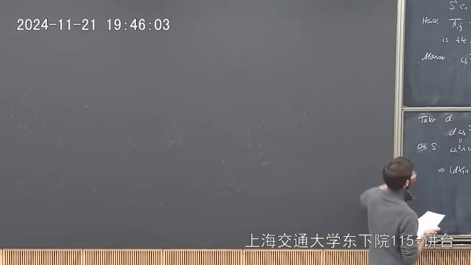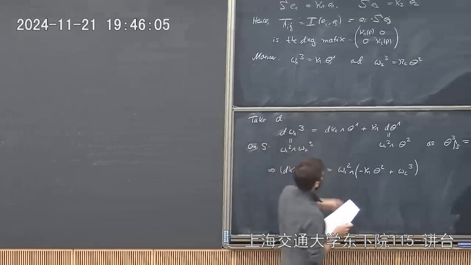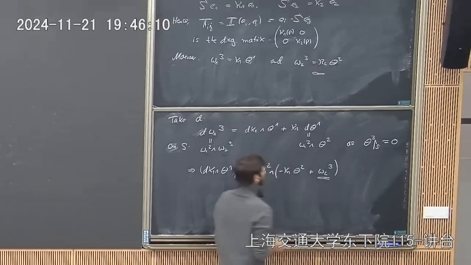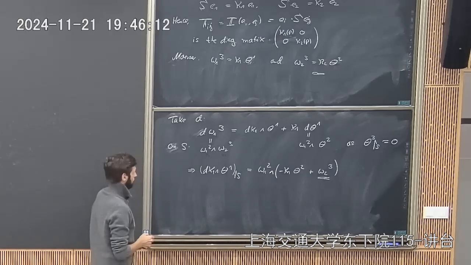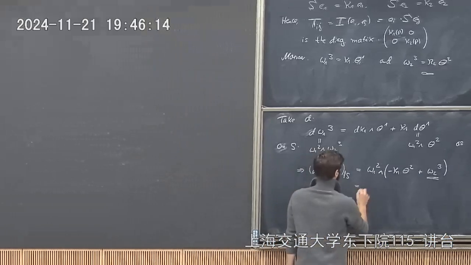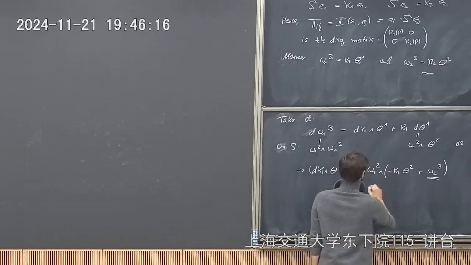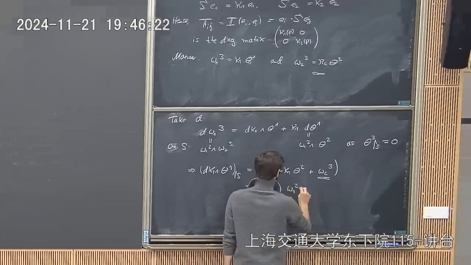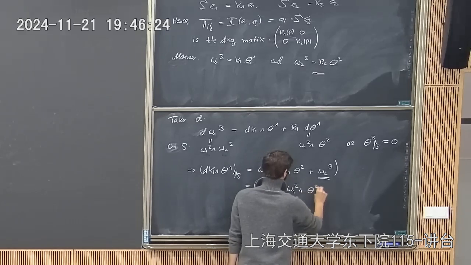But from the same, now we can use this expression here to plug in for the omega 2 3, to provide it as the difference kappa 2 minus kappa 1 omega 1 2 wedge theta 2.